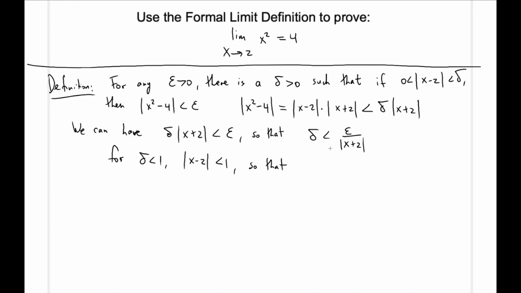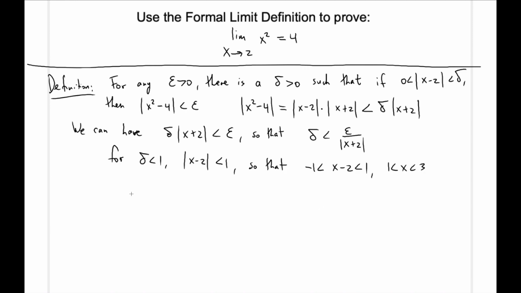Okay, so now where does that lead us? Notice that this can be expressed as negative 1 is less than x minus 2 is less than 1. I'm letting go of the bars by writing this absolute value inequality in terms of two boundaries, the 1 and the negative 1. Then we can just add 2 on all three sides to get 1 is less than x is less than 3.